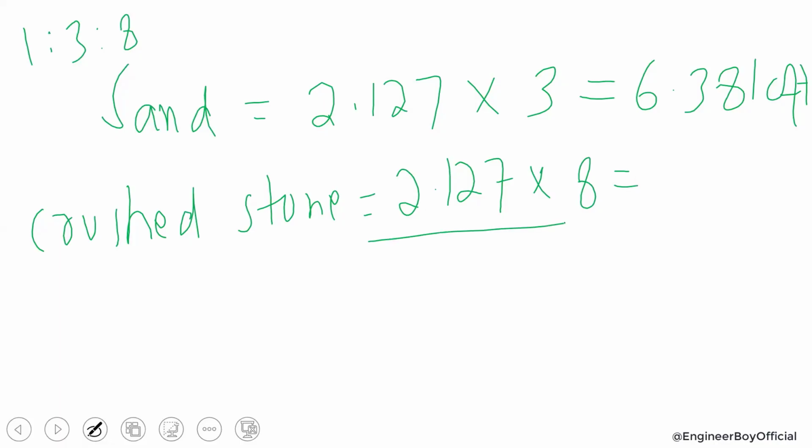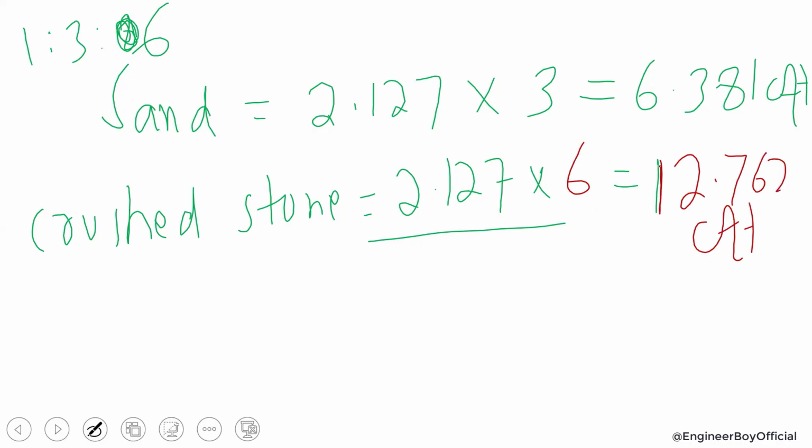So we will use these simple things. 2.127 times 6 is actually 12.762 CFT. That's good. So this is known as the material analysis of PCC work.